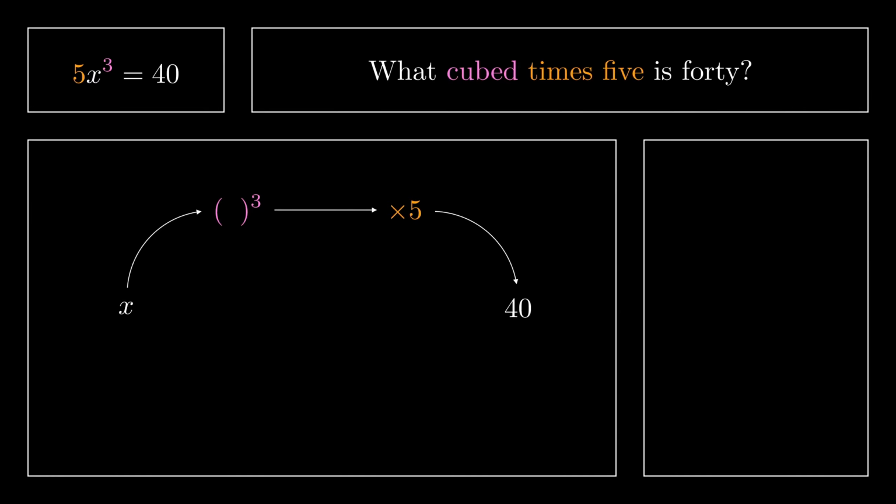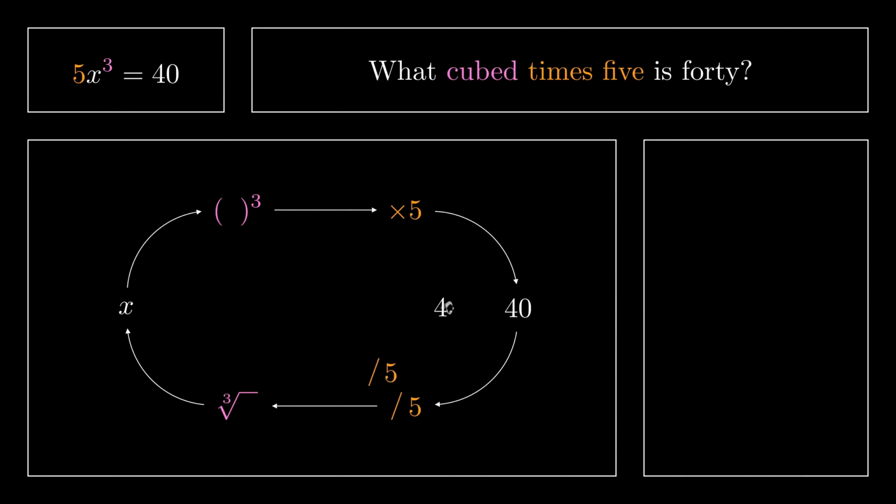The inverse of times 5 is divided by 5. And then the inverse of the cube, which is the third power, will be the third root, which we can call the cube root. So the inverse of the cube is the cube root. That is a radical symbol with a little 3 right there, and that will return us to the original number.